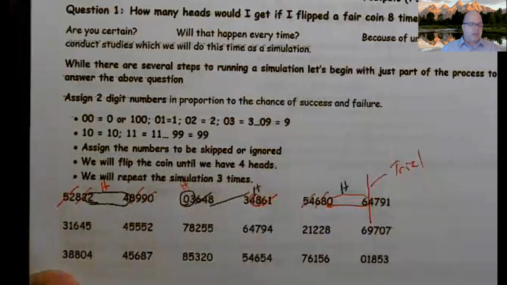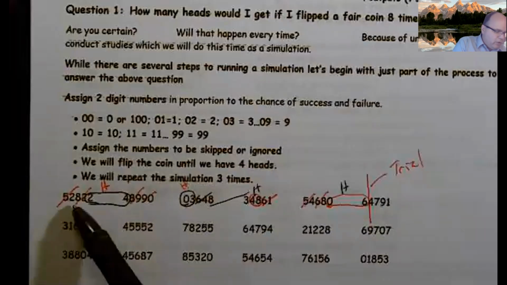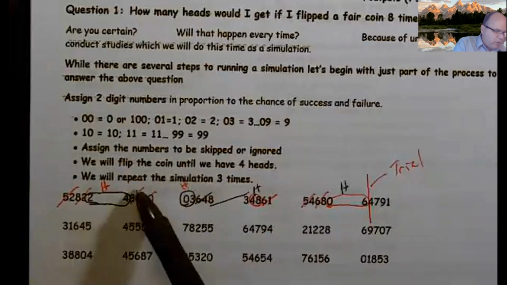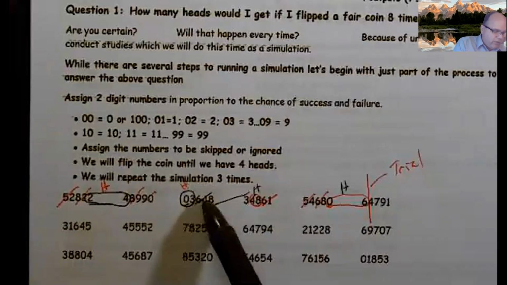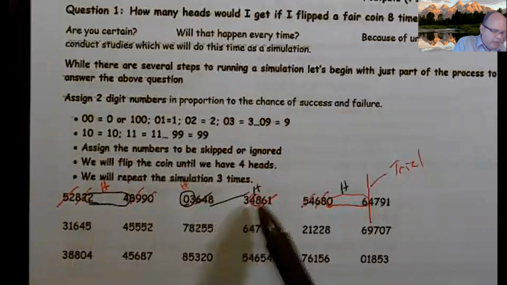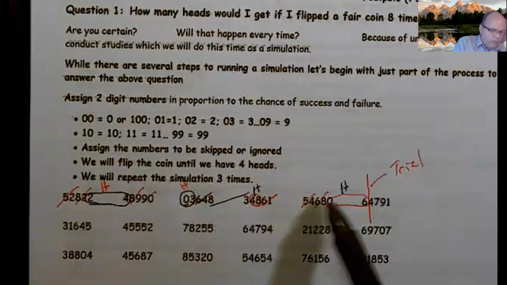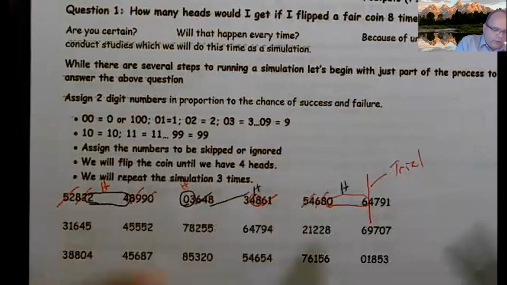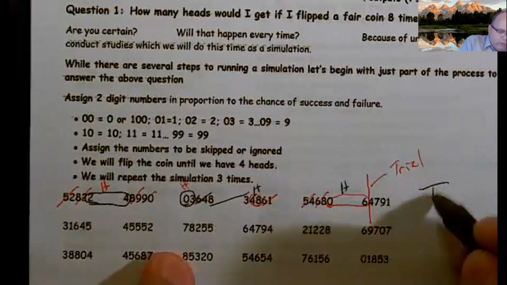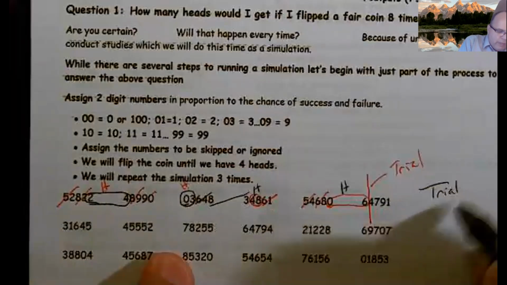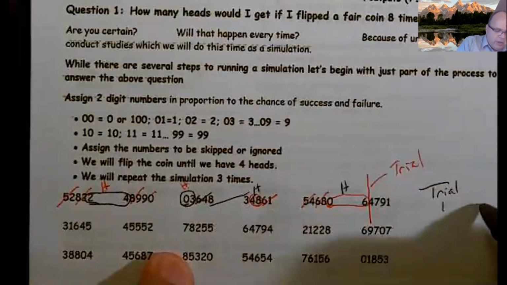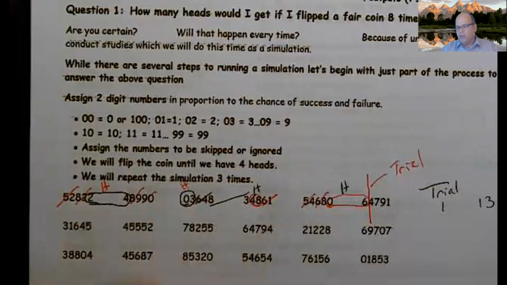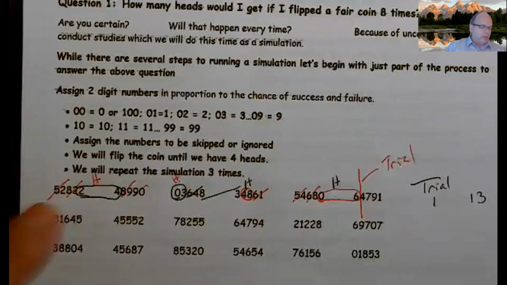Well, how many coins did I have to flip? Well, 1, 2, 3, 4, 5, 6, 7, 8, 9, 10, 11, 12, 13. So for trial number 1, I had to flip it 13 times in order to get 4 heads. All right, so that's our first trial.